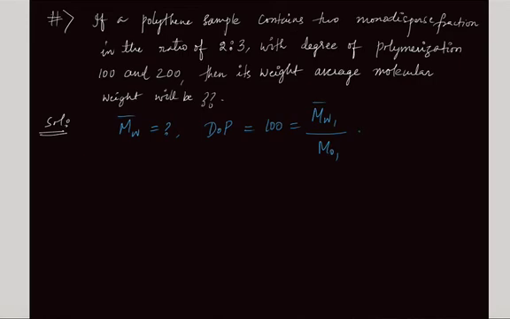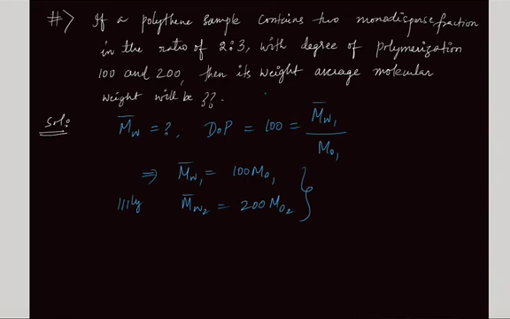So the weight average molar mass Mw1 will be equal to 100 times M0. Similarly, I can write Mw2 for the second polymer in that sample as 200 M0, correct? So this is what we need to know first.